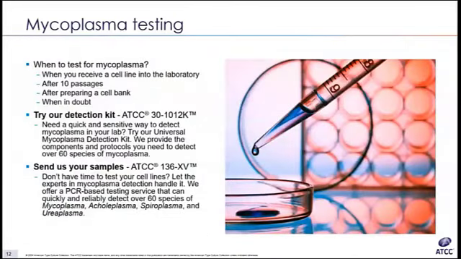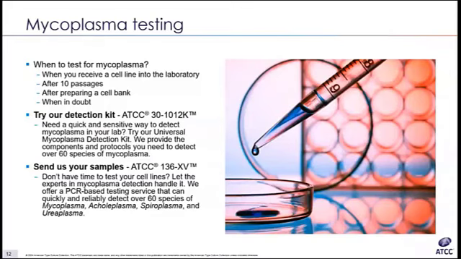So how can we detect these if we can't see them? PCR is widely accepted as a method for detection. ATCC offers a PCR kit as well as a sample submission service where we do the testing for you. The service sample submission process is quite painless. Once you order, ATCC will send you a Whatman FTA sample collection card.